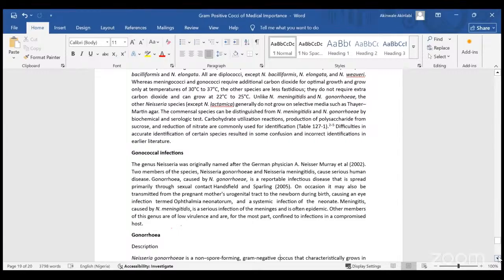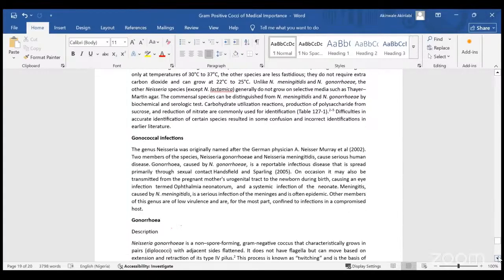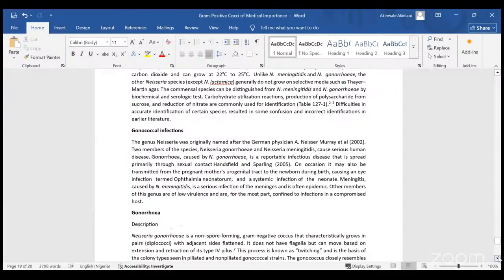You know, the meninges are the coverings of the brain. That's why Neisseria meningitidis affects the central nervous system. It causes a disease called in Yoruba yirun. So it attacks the central nervous system, unlike gonorrhea that attacks the genitalia, both male and female genitalia, that's where that one is causing its havoc.